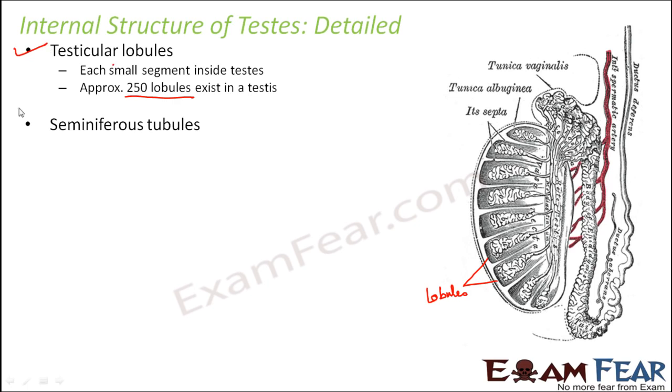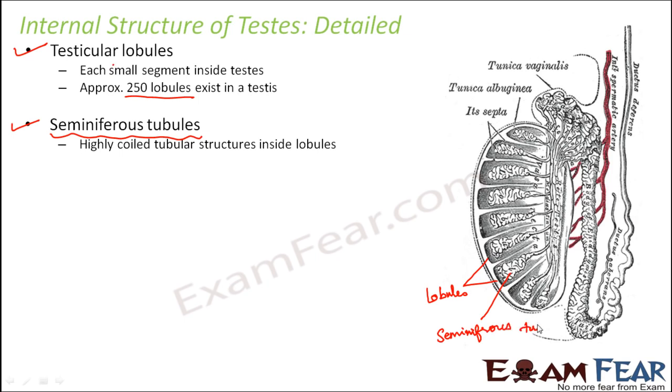Now the next part that we will talk about is the seminiferous tubules. As the name says, tubules, these are tubular structures. They are highly coiled tubular structures which are present inside the lobules. Inside each lobule you can see highly coiled tube-like structures. Here you see the white colored structures which are highly coiled and tube-like. These highly coiled tube-like structures are seminiferous tubules, and inside these seminiferous tubules sperms are actually produced.